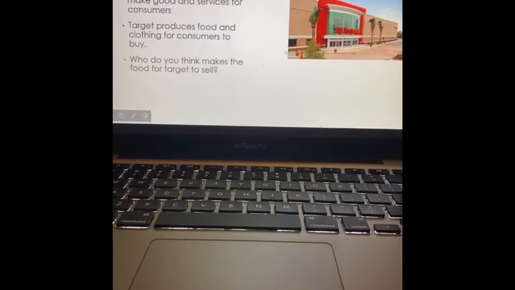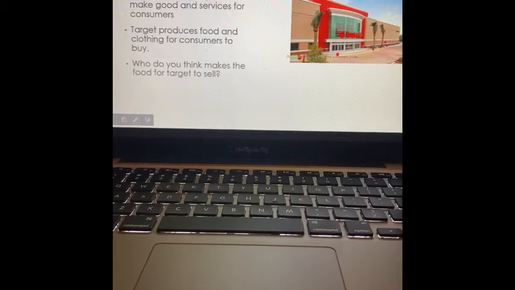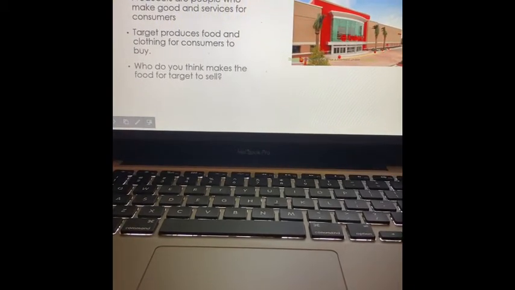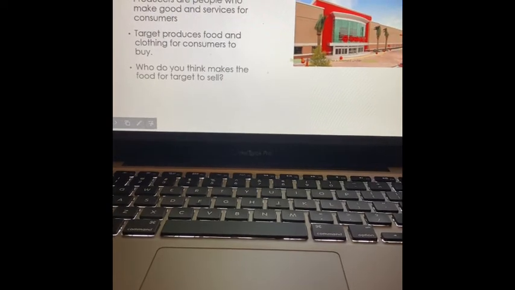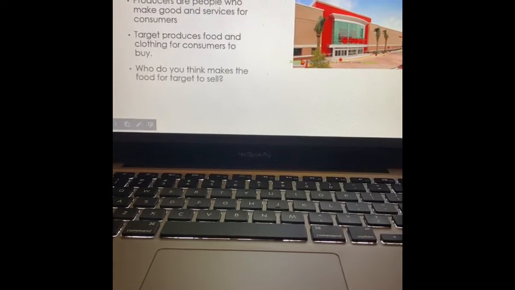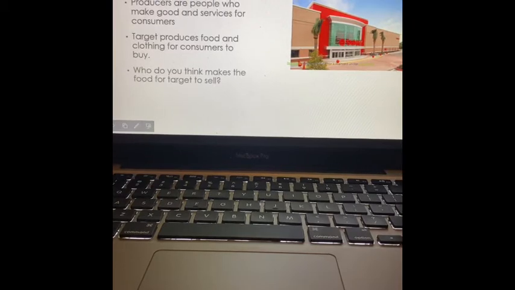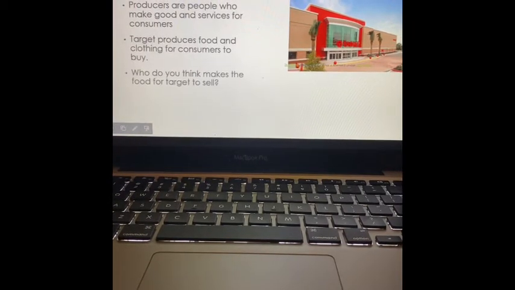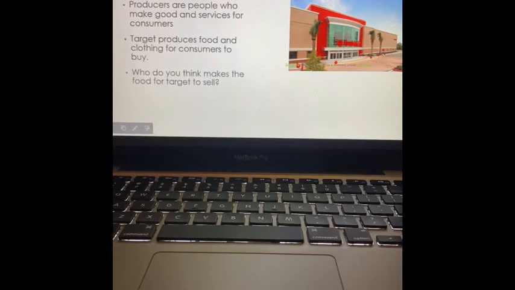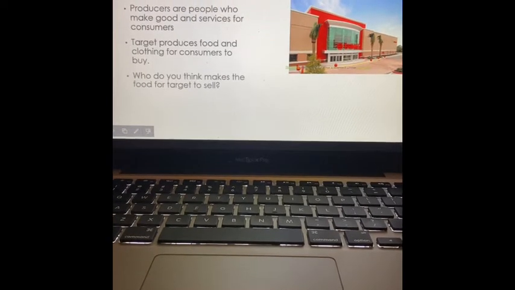So I just have a little question on there that says, who do you think makes the food for Target to sell? And the reason I have that on there is to kind of give them an idea that things don't come straight from the store. They're produced also from other people, but they're producers to us because we consume them from them.